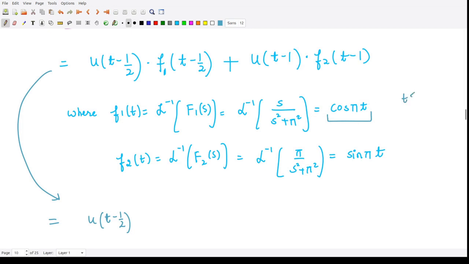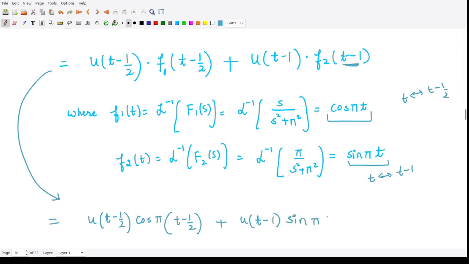Here we will replace t with t minus half, so we would have cos pi of t minus 1 by 2. So this is the first term, and the second term is u of t minus 1, and here f2 of t was sine pi t. Here also we will replace t with t minus 1 because we require t minus 1. So it would be sine pi of t minus 1.